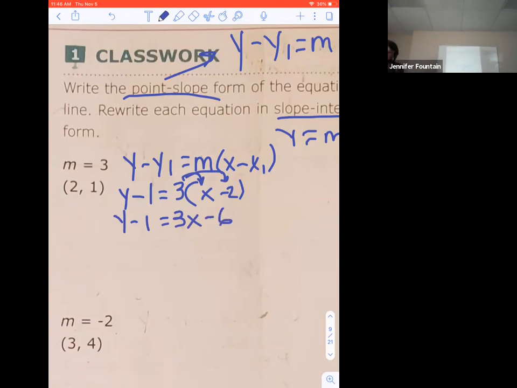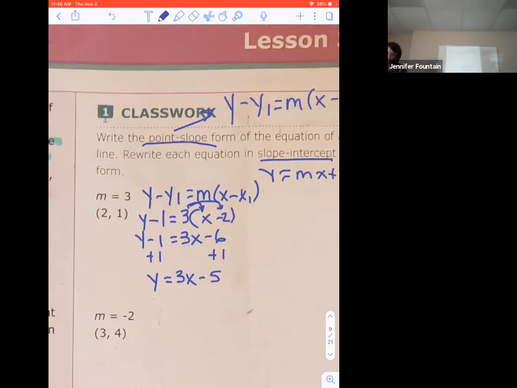Negative 6. Now, after I've distributed, what's my next step? What am I solving for? Y. Solve for y. Add 1, add 1. So y equals? Y equals 3x minus 5. Good. All right.